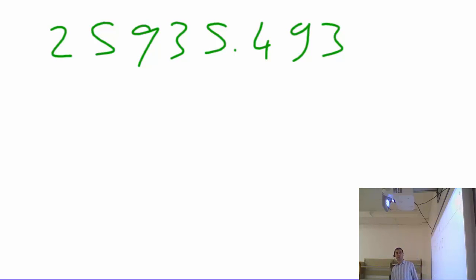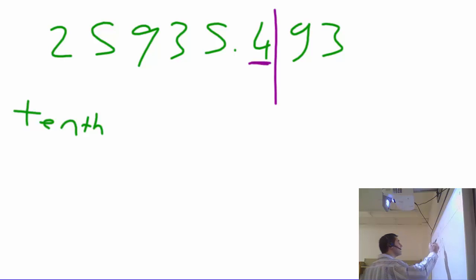So I'm going to round this number to the nearest, let's call it, 10 with TH. So which one is the tenths number here? Right after the decimal. Once you find it on the right, make a line. When you make a line, we really are not looking at the rest of the numbers.